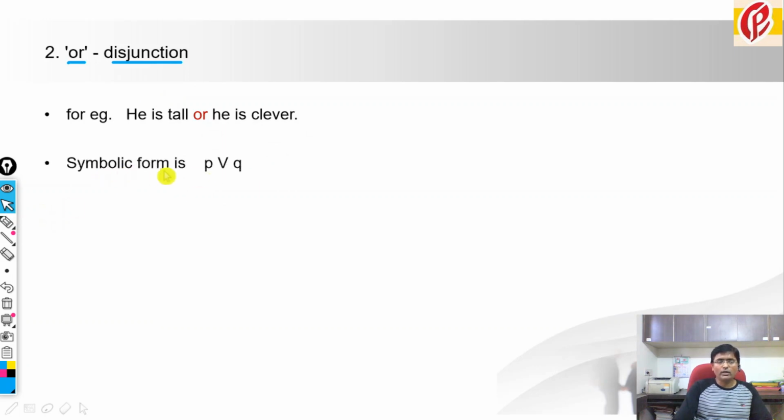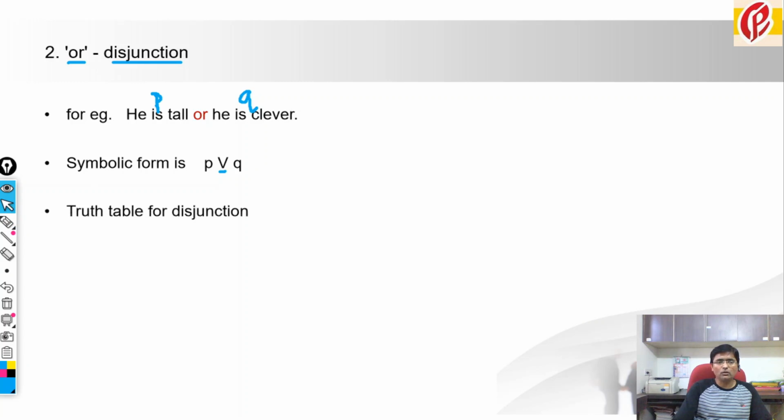Now, how to write in symbolic form? For the or, the symbol is like V, and this is statement P, and this is statement Q. So in symbolic form: P or Q.